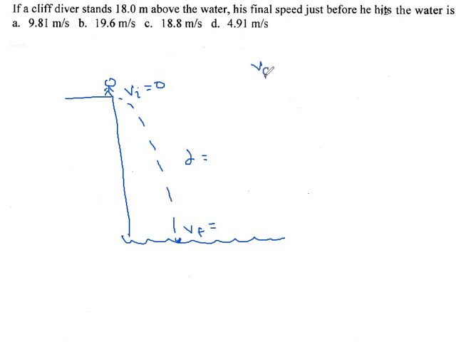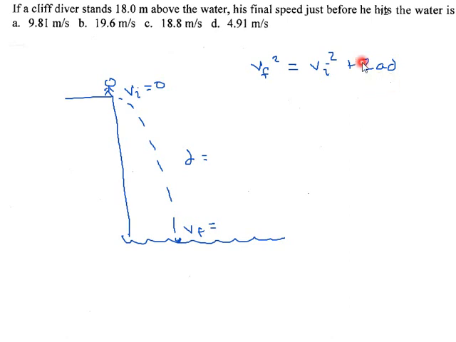I think best formula for this is... Isn't this thing good? It just keeps being exactly the right thing over and over again. We're looking for final velocity. Initial is 0. Acceleration is 9.81 because we're on Earth, presumably. That's where most cliff divers are. And our displacement is given as 18 meters.